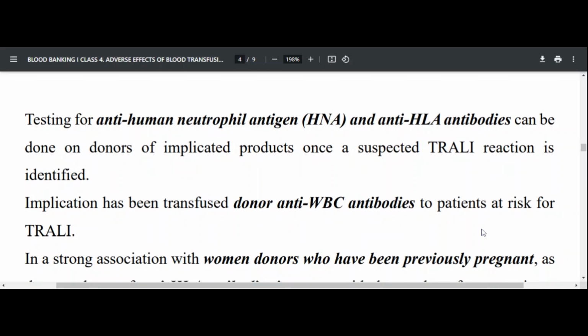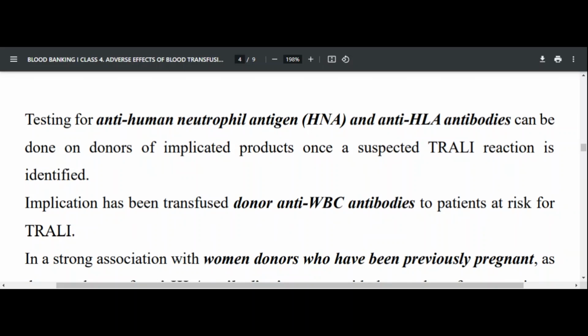But otherwise, if you want to use lab tests, you can test for anti-human neutrophil antigen and anti-human leukocyte antigen antibodies, which can be done on a donor of implicated products once a suspected TRALI reaction is identified.